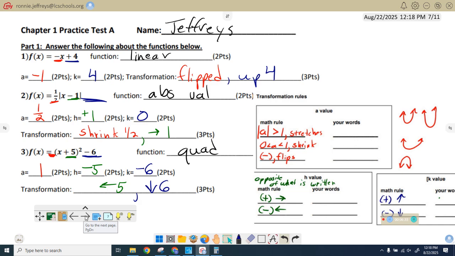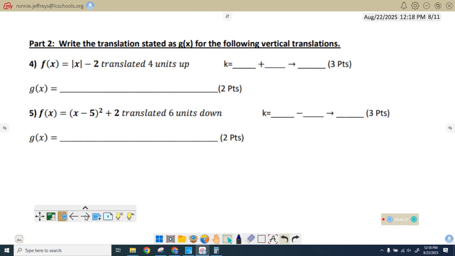All right, moving on to part 2. Write the translation. This is only dealing with the K value, so I'm looking for the number to the far right of either the absolute value or the parentheses.